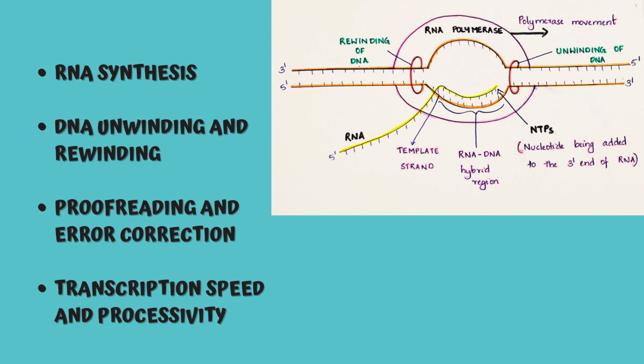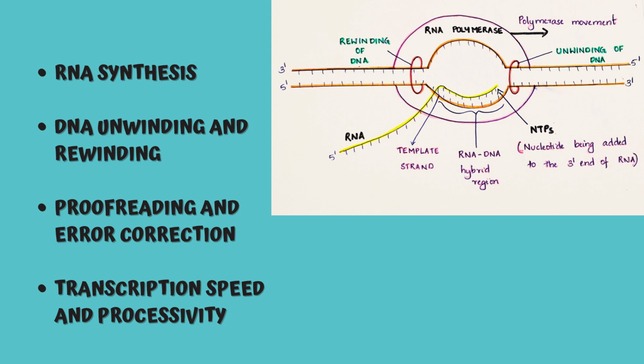Proofreading and error correction. During elongation, RNA polymerase has a built-in proofreading mechanism to maintain the accuracy of RNA synthesis. If an incorrect ribonucleotide is added to the growing RNA chain, RNA polymerase can backtrack and remove the incorrect nucleotide before continuing with RNA synthesis.